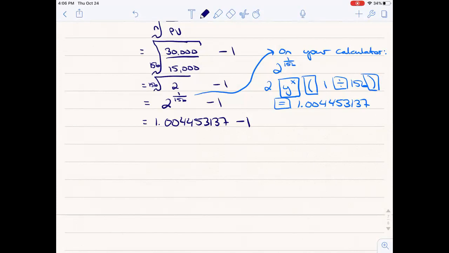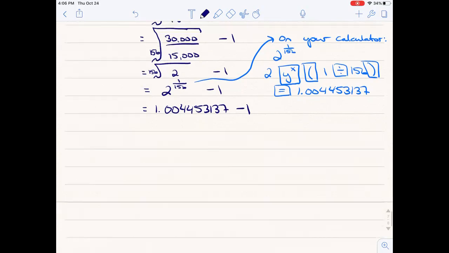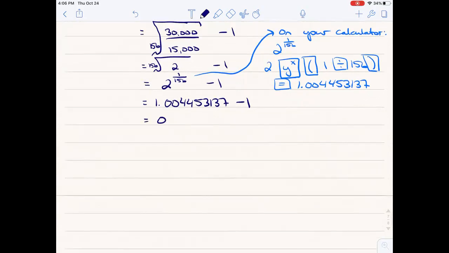That's some bad banking, or good banking if it's your money, but bad banking overall, right? And so this becomes 0.004453137. Your I is always going to be pretty small, right? Your periodic interest rate. Because interest rates aren't that big, right? 5%, 6%, 3%. Right?